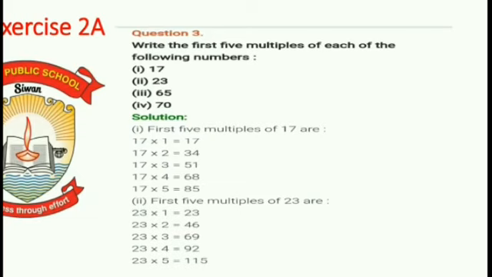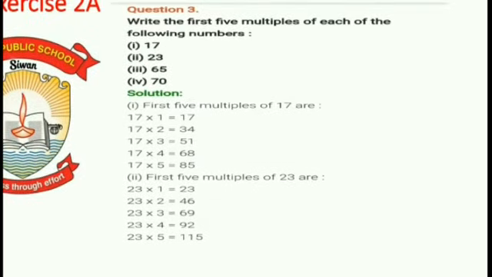First 5 multiples of 17 are 17 into 1 is equal to 17, 17 into 2 is equal to 34, 17 into 3 is equal to 51, 17 into 4 is equal to 68, 17 into 5 is equal to 85. So these are the first 5 multiples of 17. Now the second part of this question.